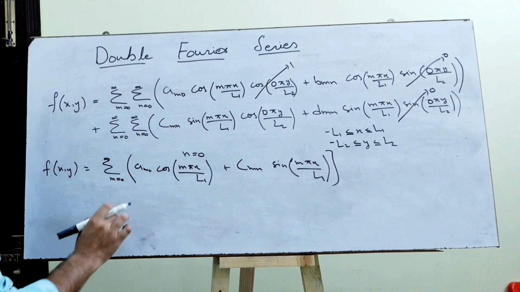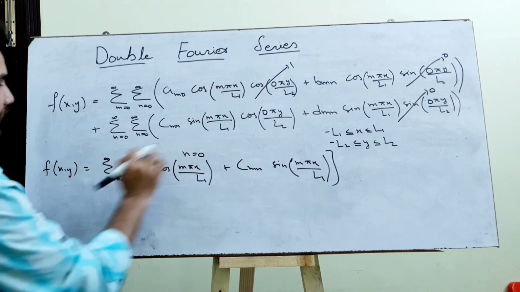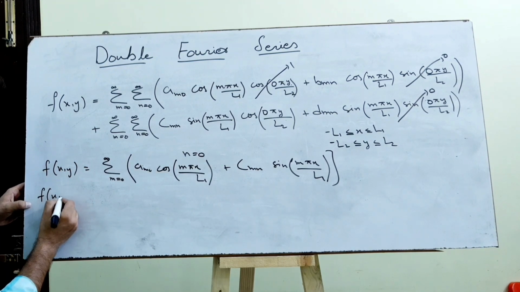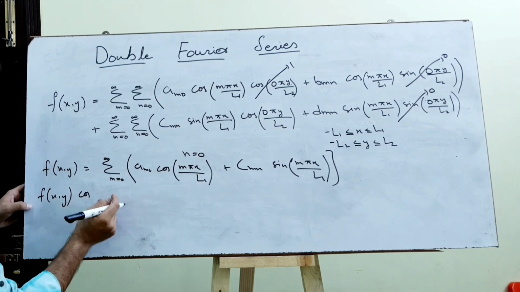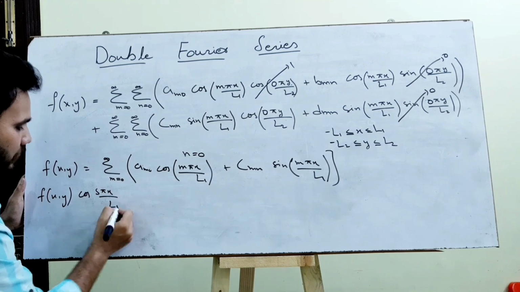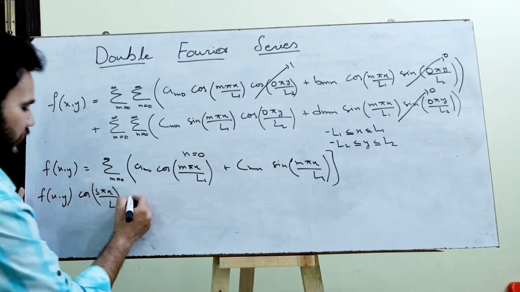So for computing a(m0), I am multiplying both sides by cosine s pi x over L1.